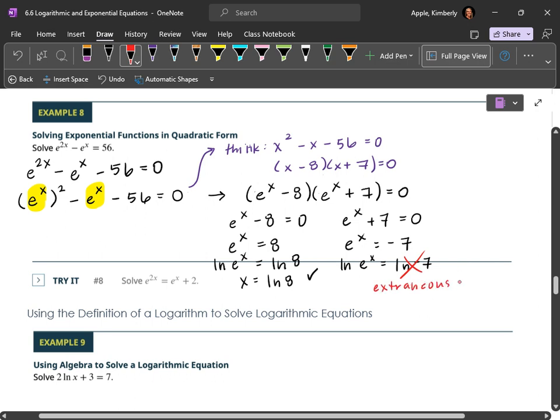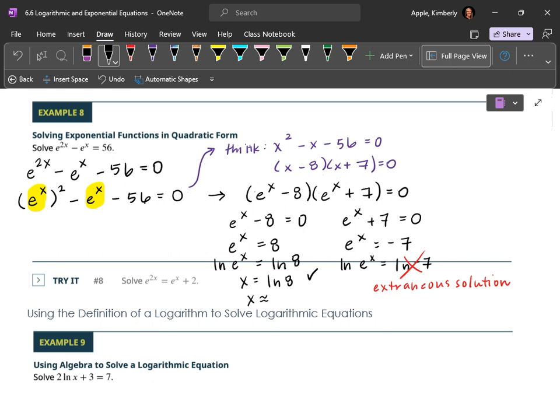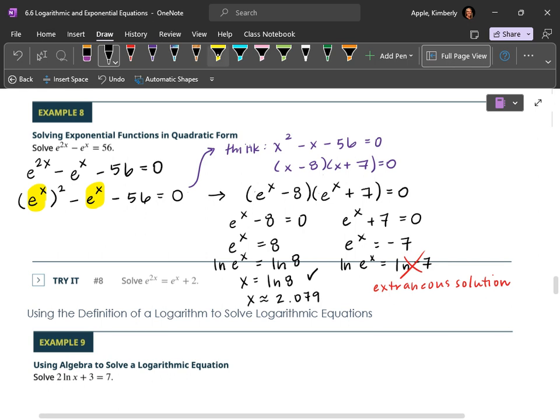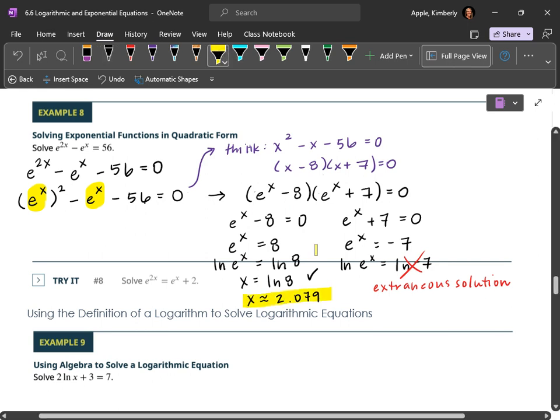And we don't consider it part of our solution set. The only thing we consider here is this ln of 8, which is approximately, let me see, ln of 8 would be about 2.079. And so this is actually my only solution.